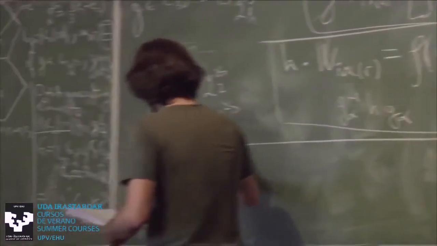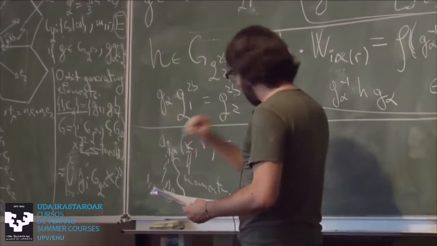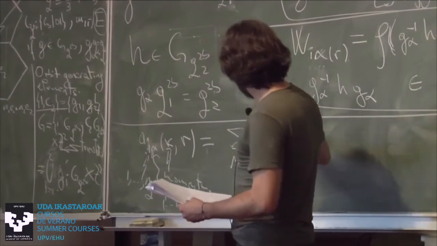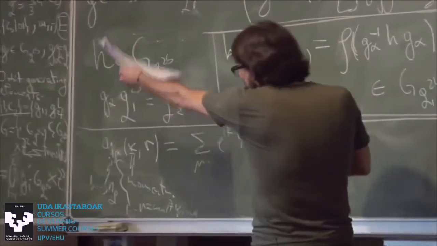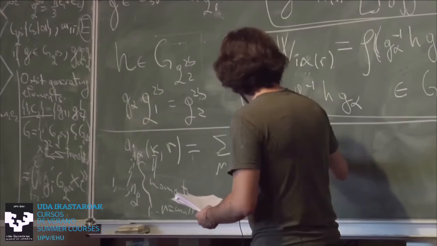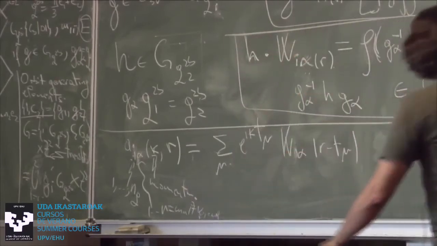Okay, so this is the following: just a Fourier transform over the whole lattice of e to the i k times the translation vectors. These T mu are integers of the lattice constant, times W_{i alpha}(r minus T mu). So these are atomic orbitals.